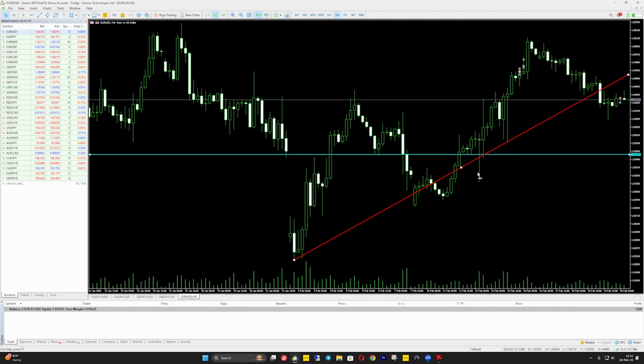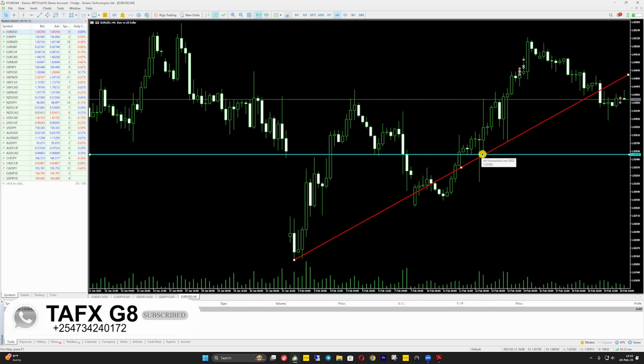We have the sweep of liquidity, all right, and we have the test of our order block at this point of 50%, then the market went up. So you can see it will be very, very professional entering the market when the market makers have already swept people's stop loss, because that is what we call a liquidity.